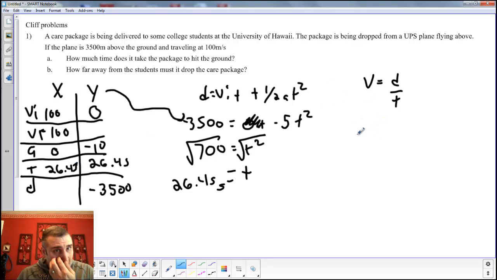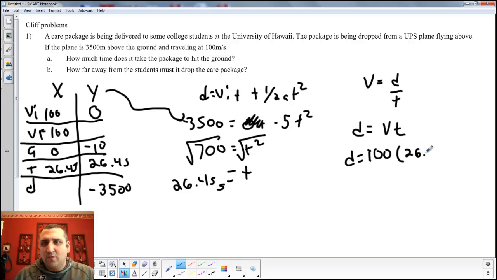We know the velocity is 100 and the time is 26.45. So the distance in the x will be 100 times 26.45, or 2,645 meters away. So that's where it'll land, and that's how long it'll take to get there.